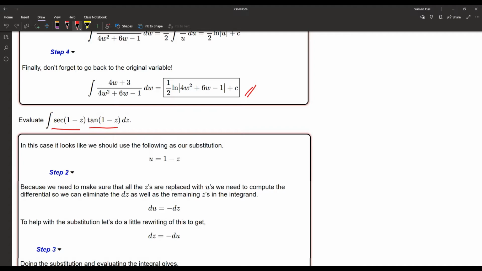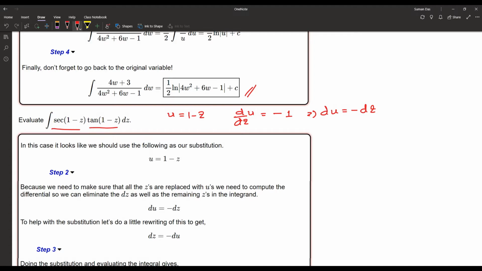Now what is the thing here? Here we are taking u as 1 minus z. So differentiating, d/dz of u is minus 1, or we are getting du is equal to minus dz.